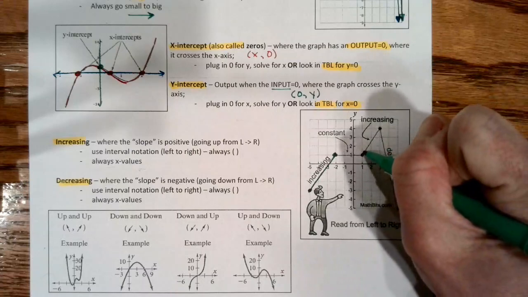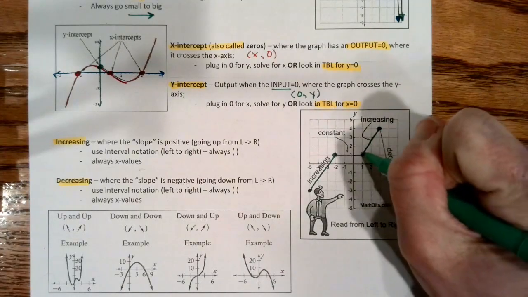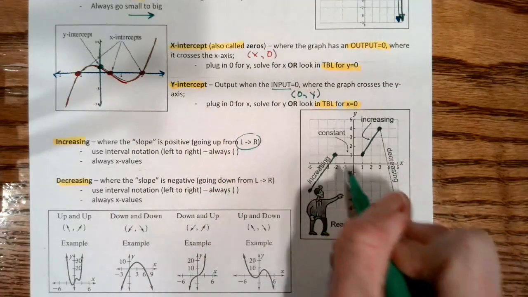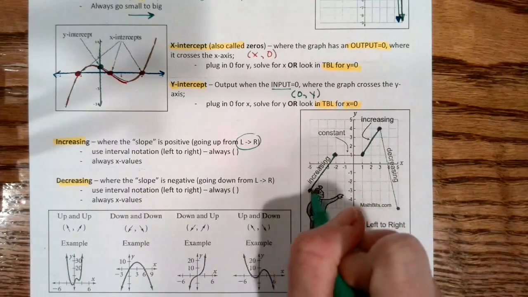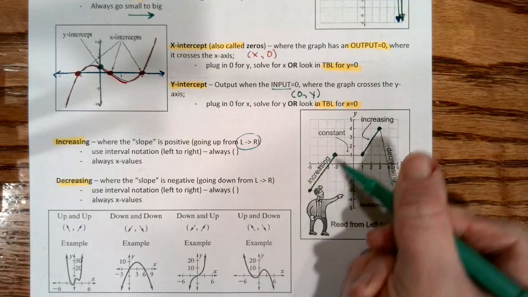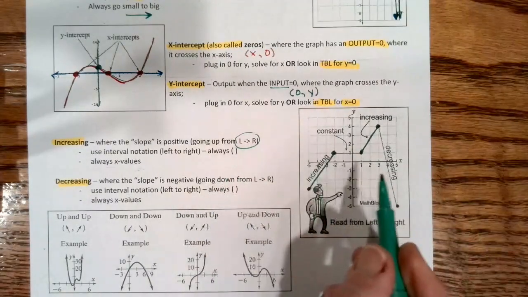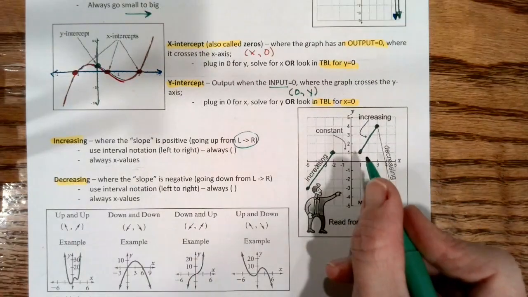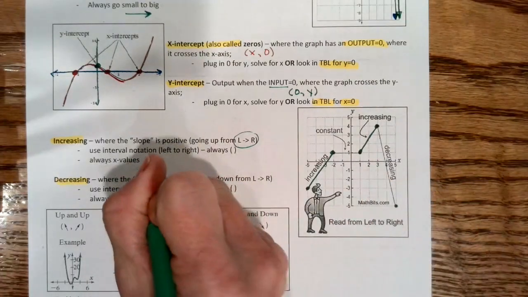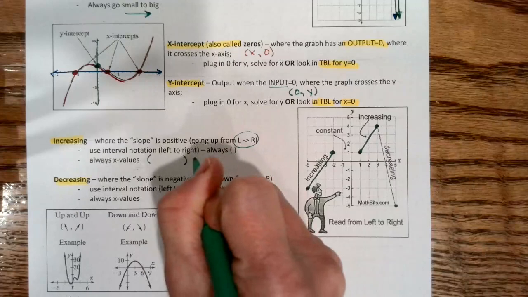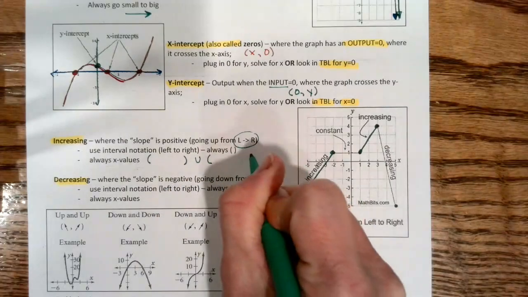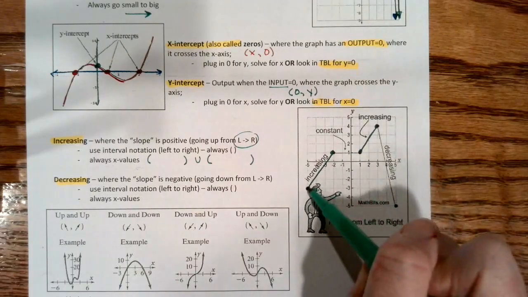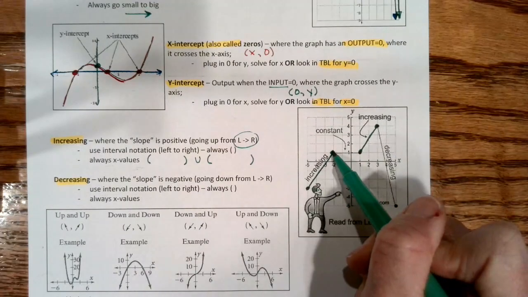So when I look here, each of these graphs, as I read from left to right, and I'm moving as my x's get bigger, so do my y's. When I use interval notation, I'm going to just talk about the sections, but I'm always going to use parentheses because I'm looking at where the graph is changing. At these points specifically, nothing has happened.